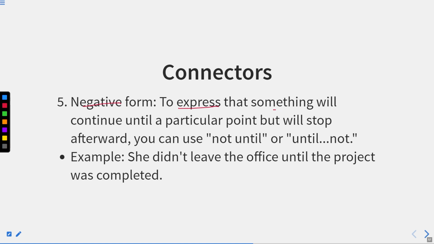Negative form: to express that something will continue until a particular point but will stop afterward, you can use not until or until not. Example: she didn't leave the office until the project was completed.